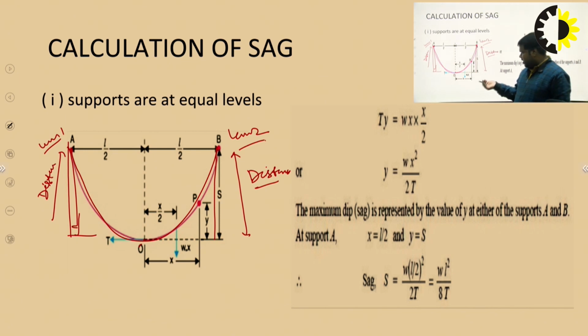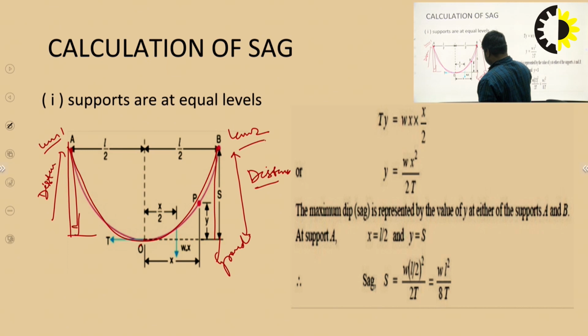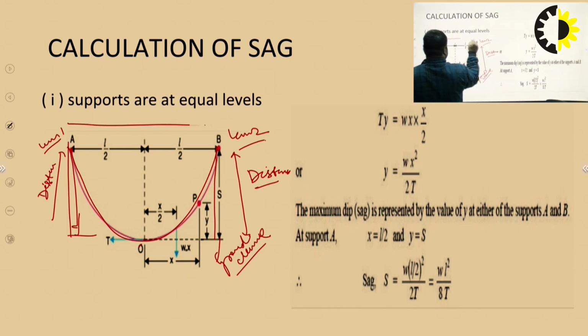The clearance is the ground clearance. The total length is L, and this distance is L/2.